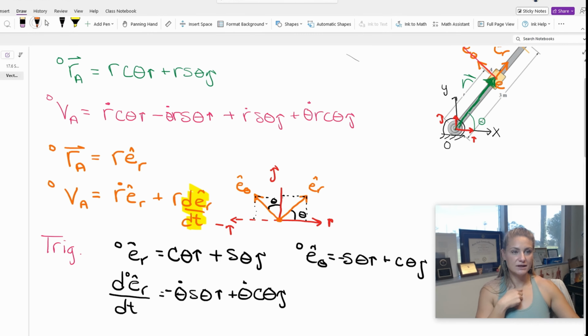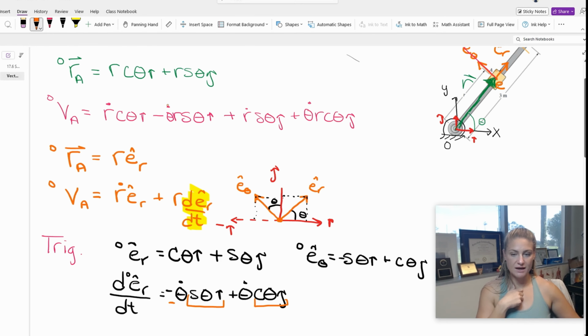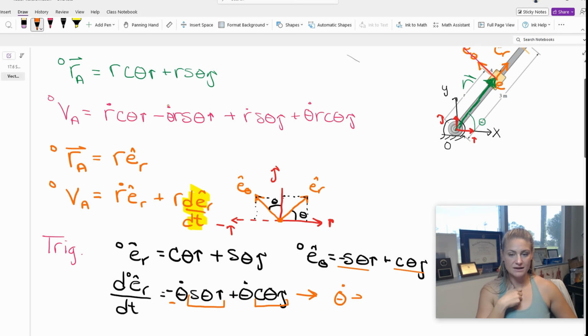Now look at this expression. I have a negative sine i and a cosine j. Up here I have a negative sine i and a cosine j. So that means that this really can be expressed as theta dot e theta.